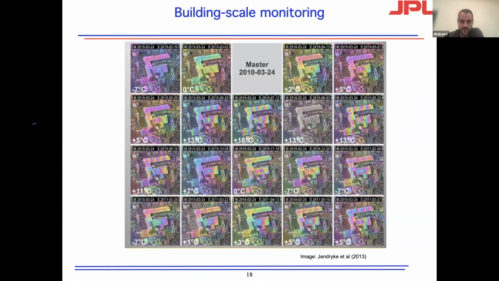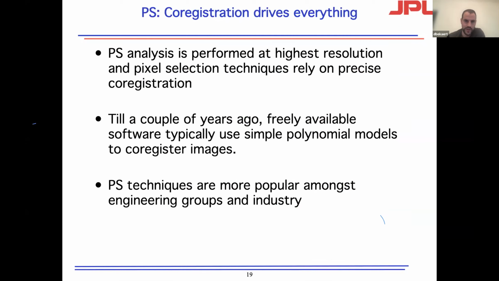So you can see that over time, if you plot the temperature time series with respect to the displacement time series, there is a correlation between them. And especially for some of these buildings, you can see that as a function of height, because there is a temperature gradient within the lower part of the atmosphere as well, or at least within the building infrastructure. So that's a pretty cool application for that.